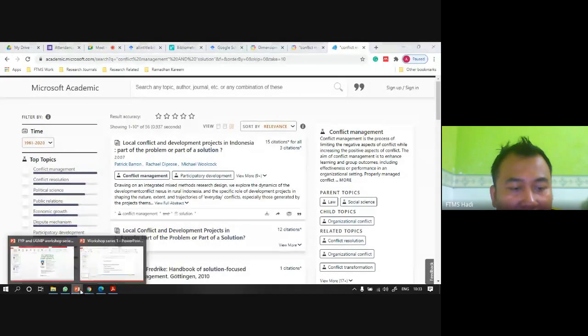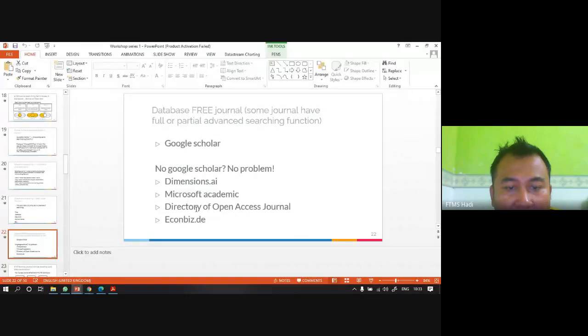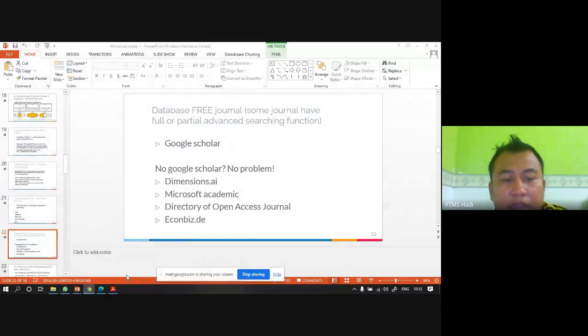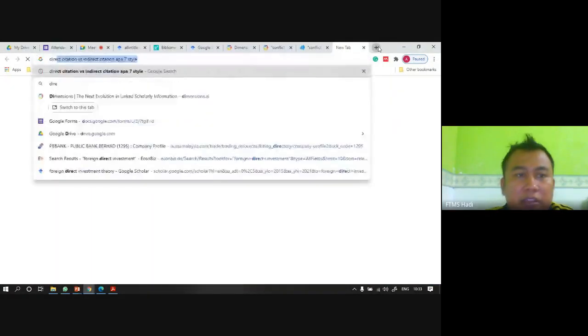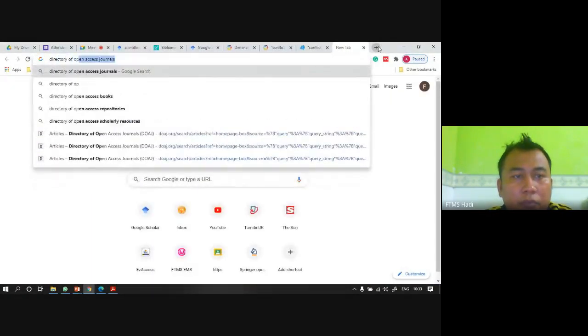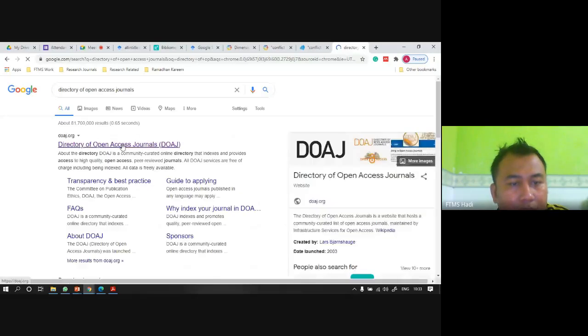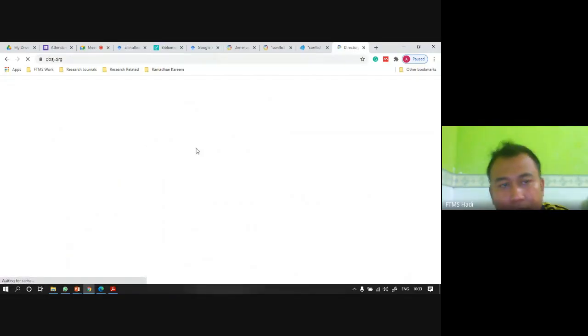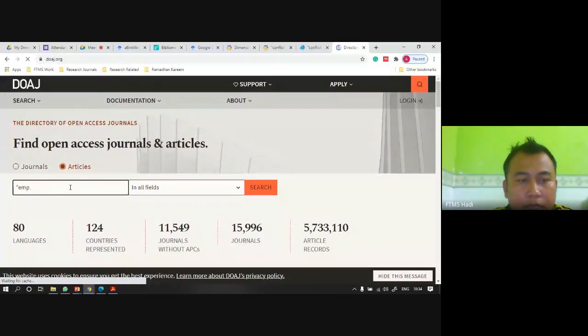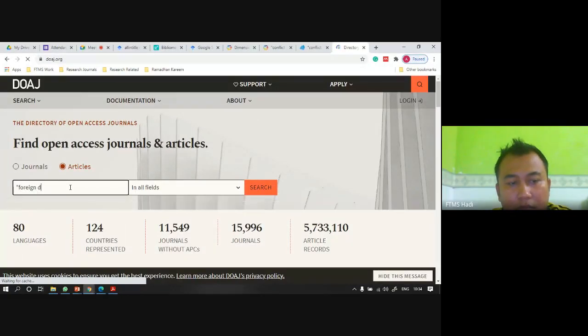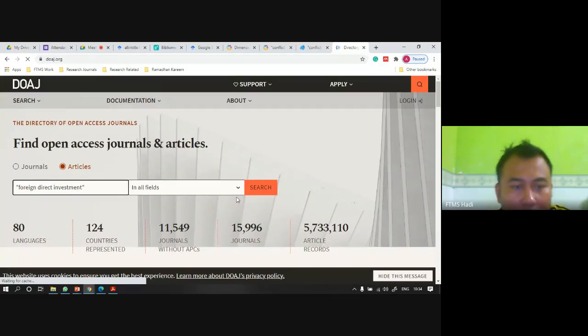Another one is the Directory of Open Access Journals, DOAJ, at DOAJ.org. Find the articles, for example foreign direct investment. Search.